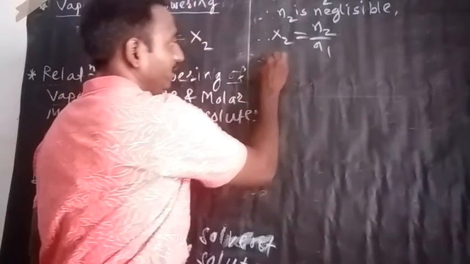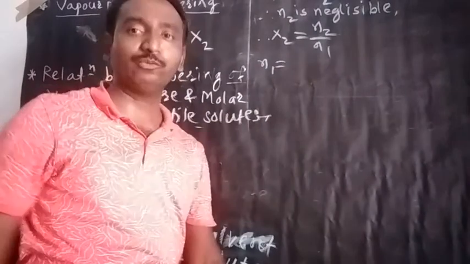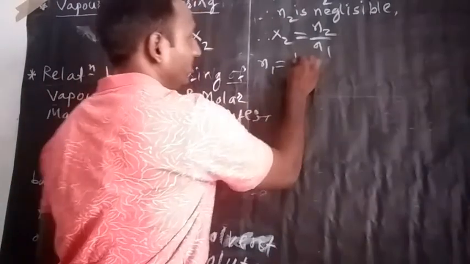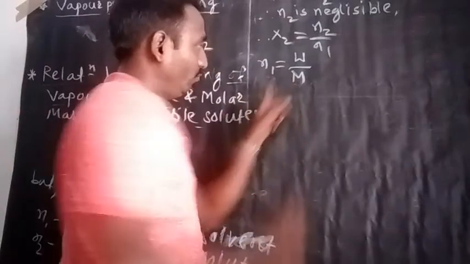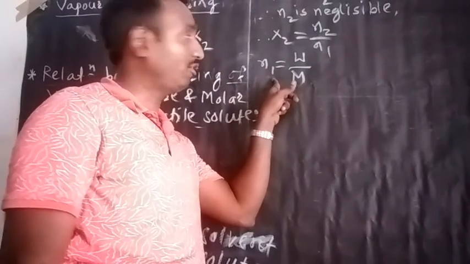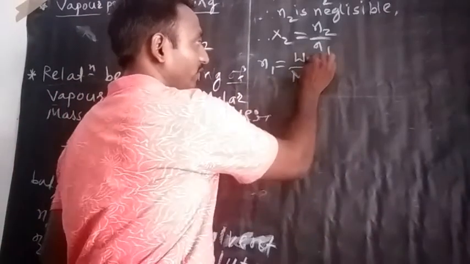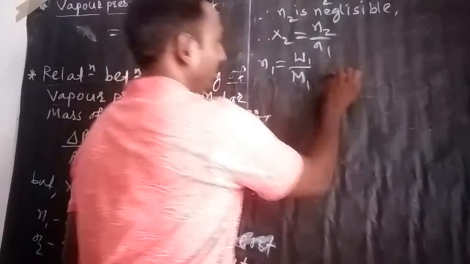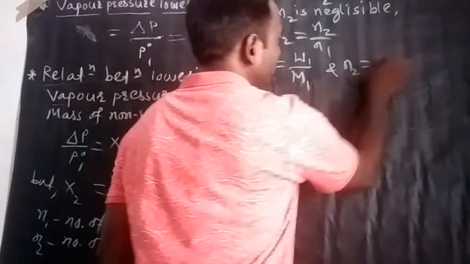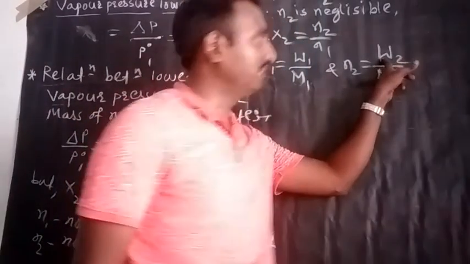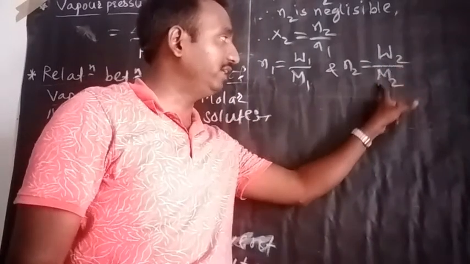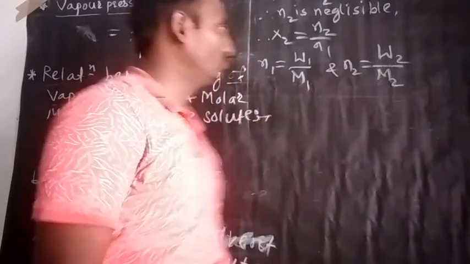We know that n1, the number of moles of solvent, is equal to given mass upon molar mass, that is W1 upon M1. Likewise n2 is equal to W2 upon M2, where W2 is the given mass of the solute and M2 is the molar mass of the solute.